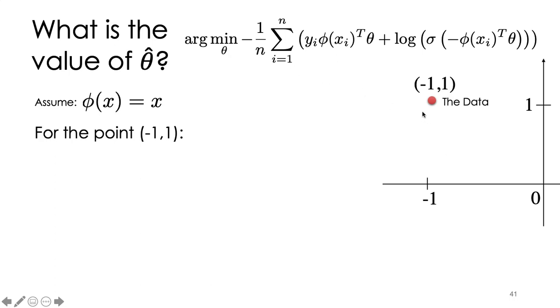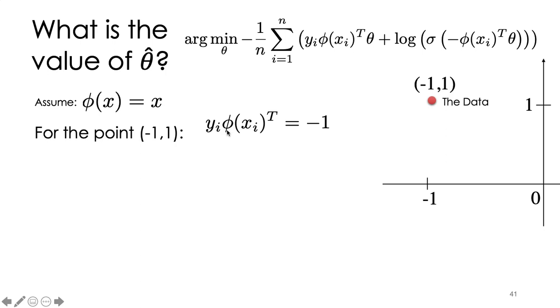So when we just look at one point, you don't have to think of any of this, though you know that n is equal to 2. We're just going to look at what's inside one single term. And so y for this point is 1, x is minus 1, and we took phi of x equals x.